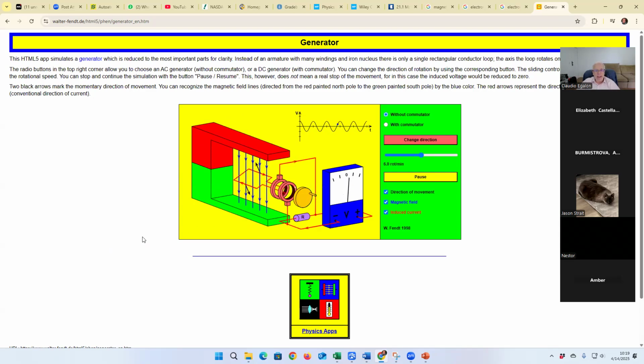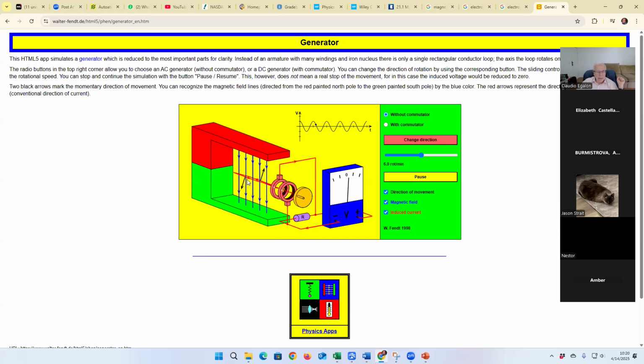The difference is that in the electric motor, we use a battery to generate motion. In this case here, it is all the way around. A generator is something that transforms mechanical motion into electricity. Do you see here what's happening? Just by rotating this closed circuit in this magnet, we induce a current.